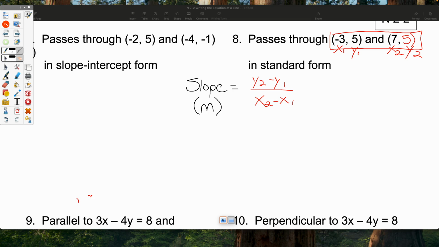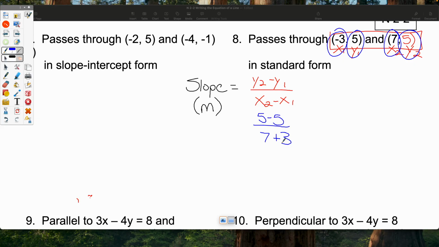So we can just substitute our values that we have from our 2 points. y2, y1, 5 and 5. 5 minus 5 over x2, 7 minus -3. So minus a negative would be plus a positive 3. So we substituted y2, y1, x2, x1.